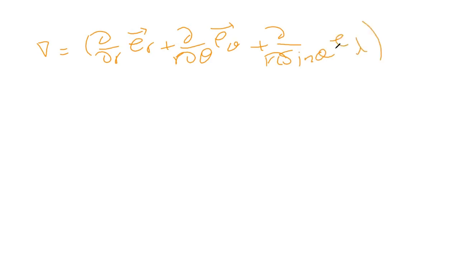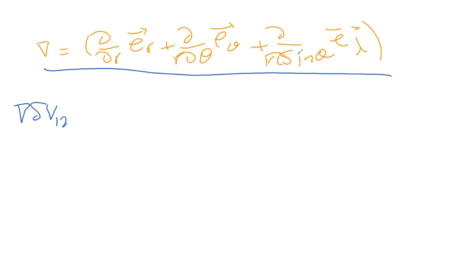That was it. If I apply this operator to the potential difference, it's a little bit long derivation, but I write the results here. It is in part of my book.